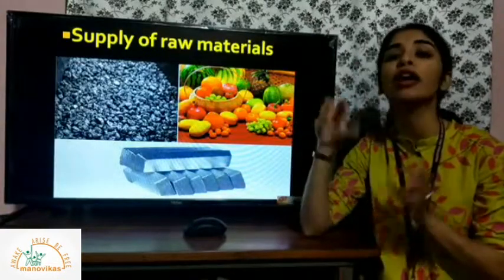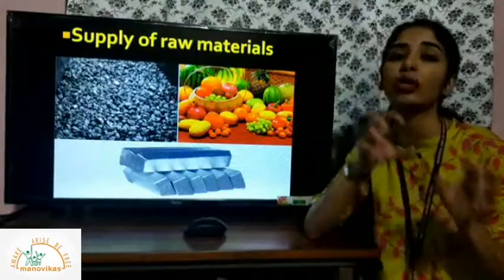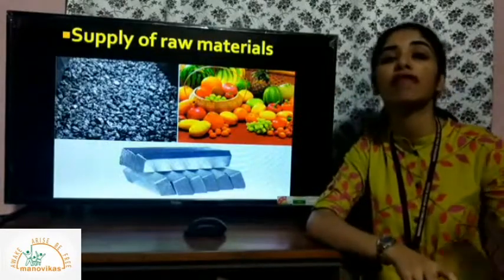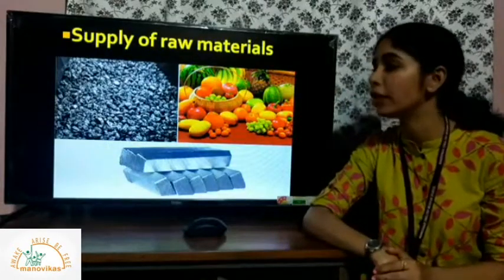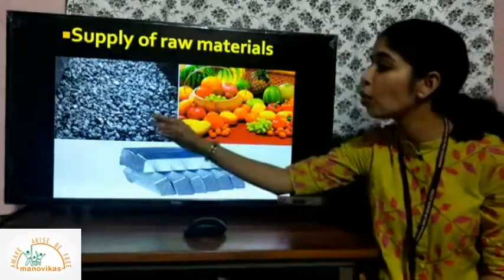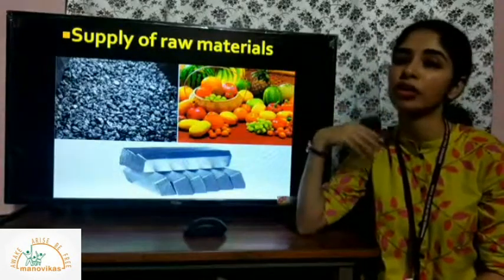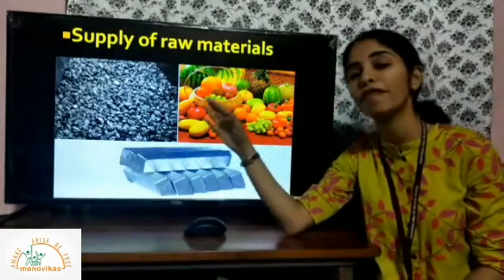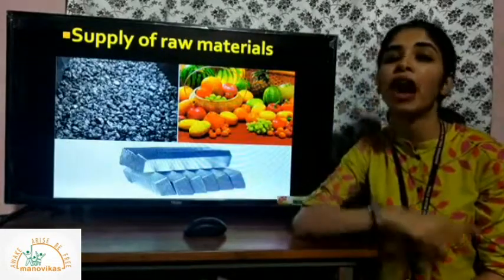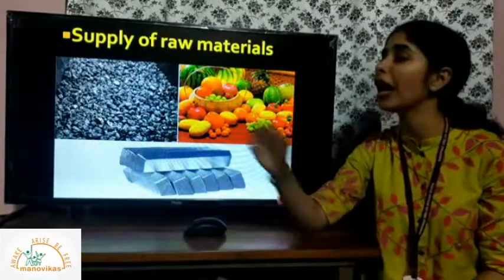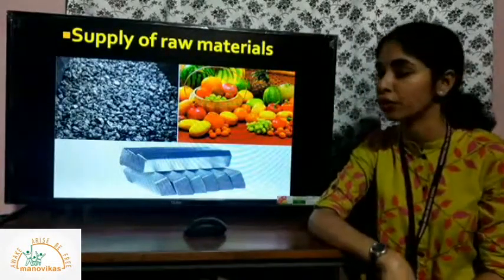That is why mostly industries are located in the areas where raw material is available. For example, coal is required for manufacturing iron, so the industry will be found in the areas where iron is found in nature and where coal is found in nature.